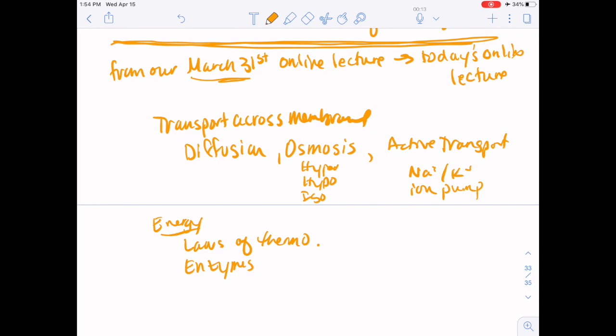We also talked about types of reactions, exergonic and endergonic.